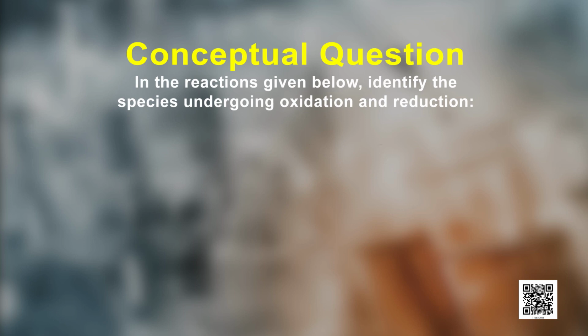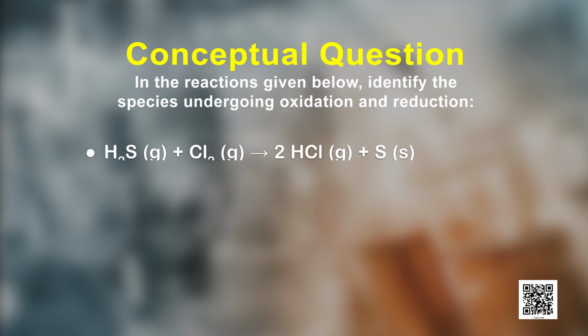See first reaction. In this, hydrogen sulfide, that is H2S, is oxidized because a more electronegative element chlorine is added to hydrogen, or a more electropositive element hydrogen has been removed from sulfur, whereas chlorine is reduced due to addition of hydrogen to it.